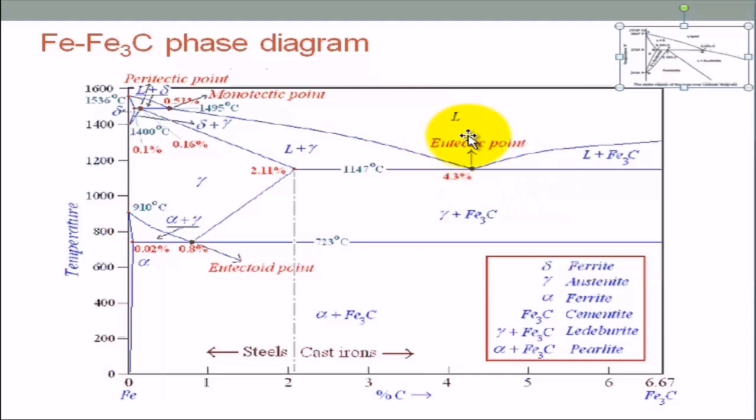So any liquid that is present when this line is reached must now solidify into a very fine mixture of two phases that are at either end of the horizontal line, namely austenite and iron carbide, which we call cementite.